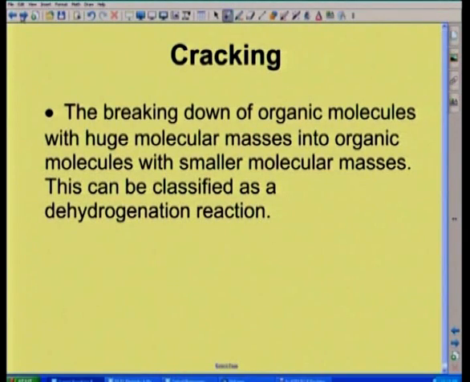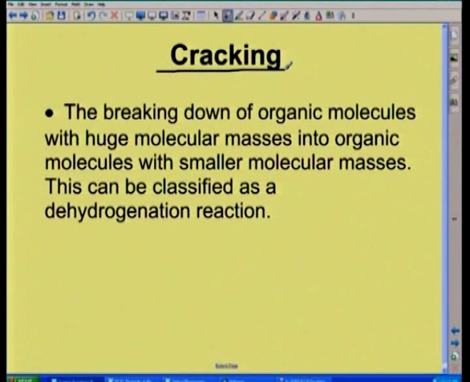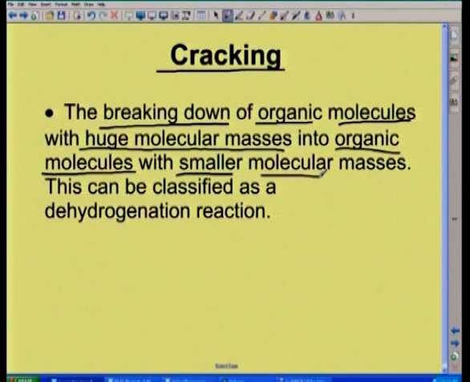And lastly in this lesson, talking about cracking. What is cracking? Cracking is the breaking down of organic molecules with huge molecular masses into organic molecules with smaller molecular masses. And this can be classified as a dehydrogenation reaction, because what you're doing is removing hydrogen all the time.